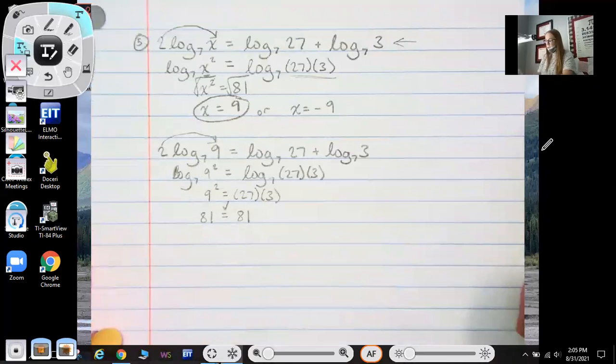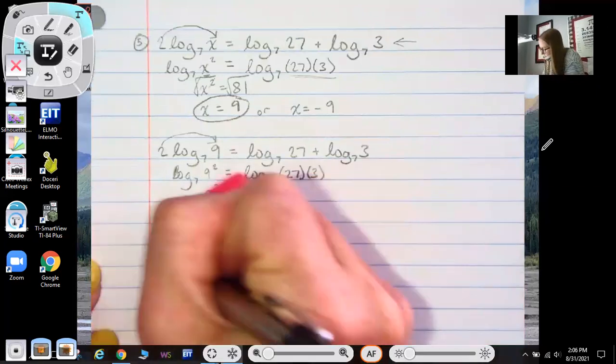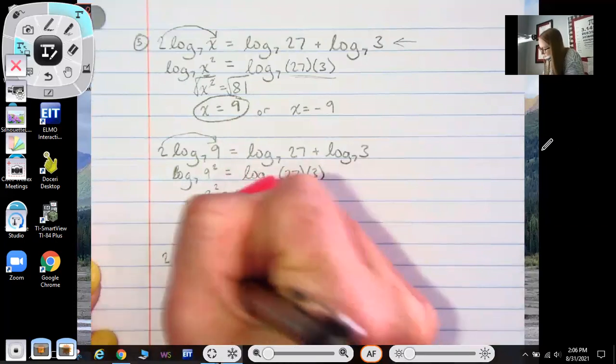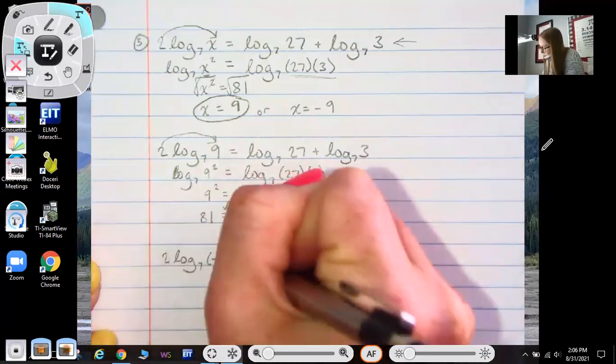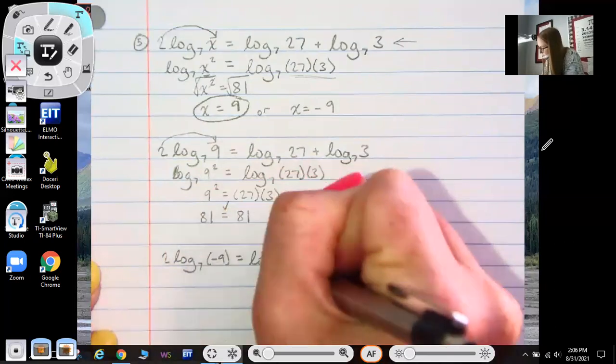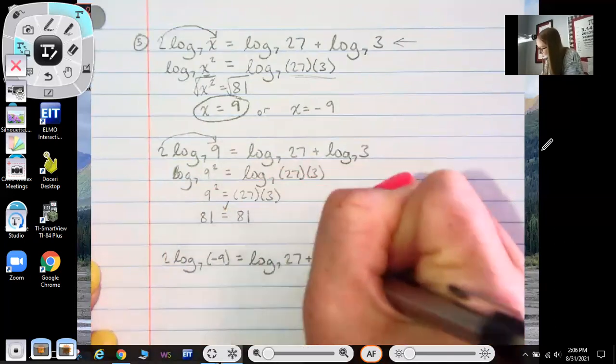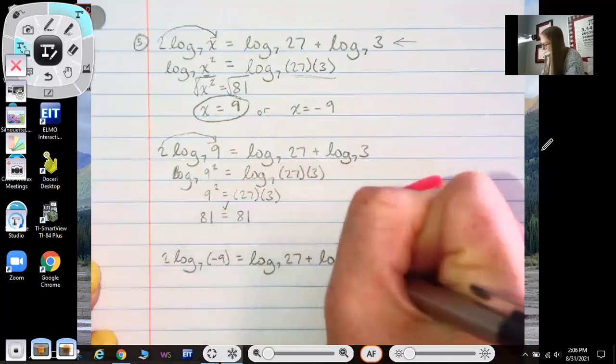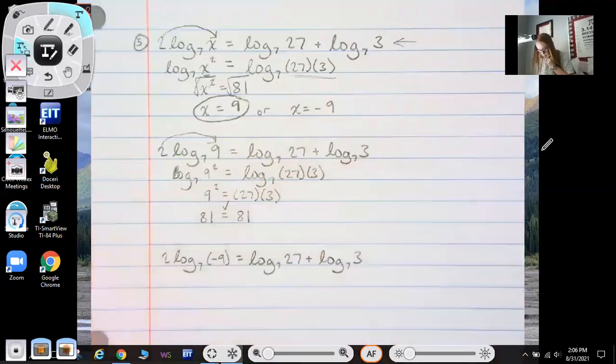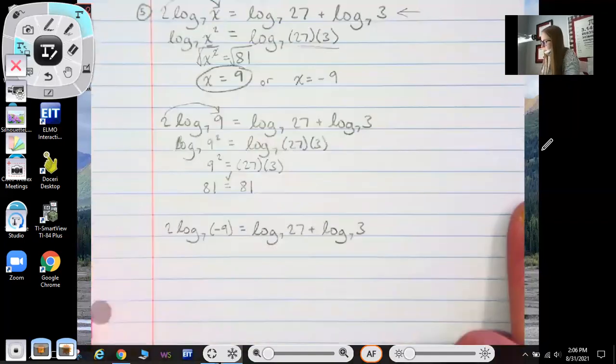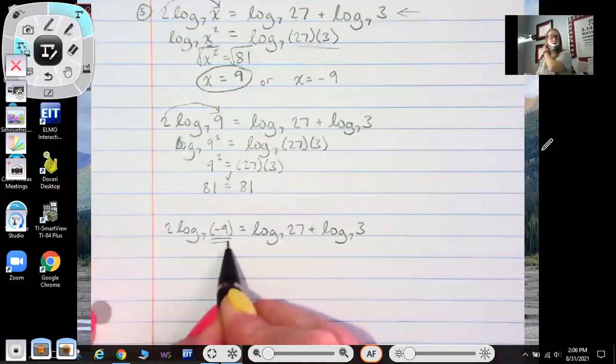Okay, let's try x equals negative 9 as a solution. So going back to the very first line of the problem, plugging in negative 9 for x. So immediately we notice there is a negative where there's not supposed to be a negative in a logarithm.